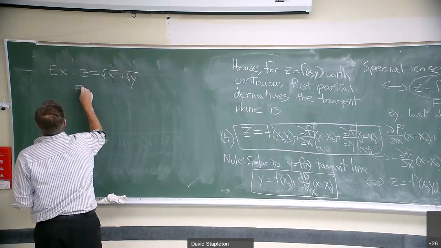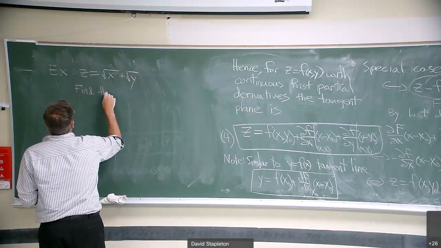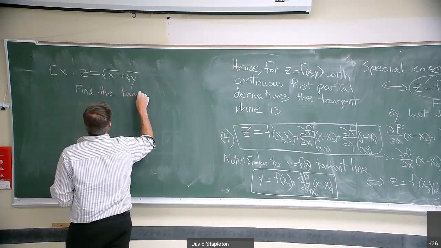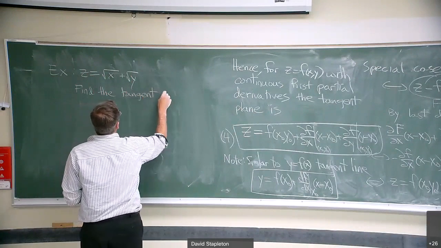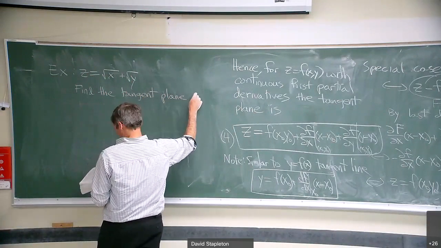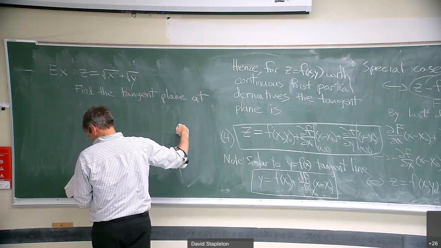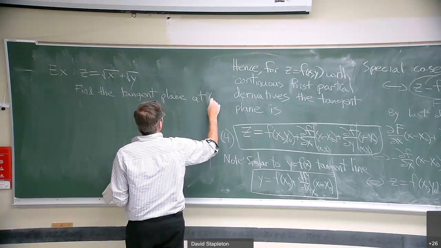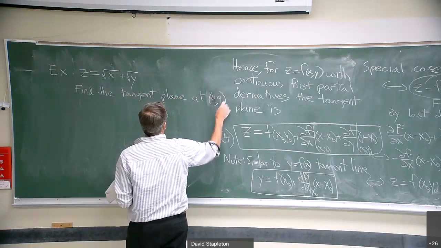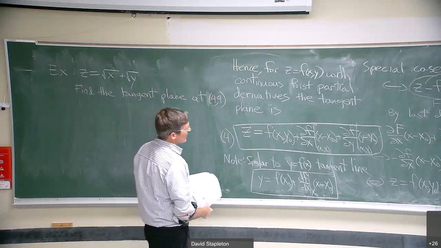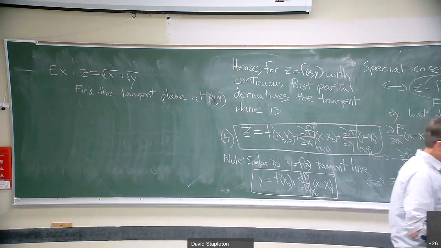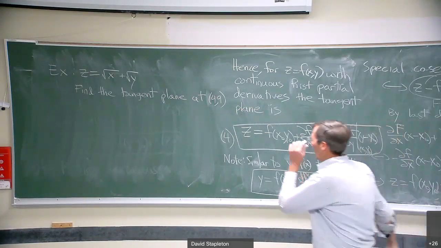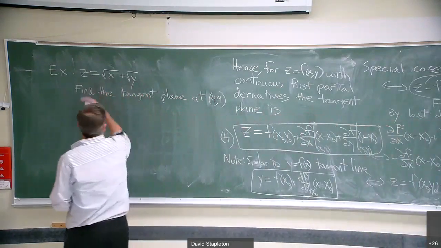Find the tangent plane at the point 4, 9, 5. I'm going to change the problem from the book and just say it's 4, 9, because the nice thing about this special case is you only have to have the xy coordinates, and you can just plug them in to find the z coordinate, right?